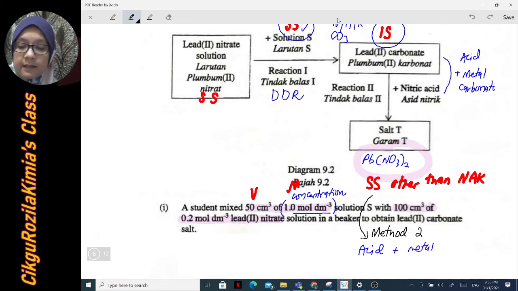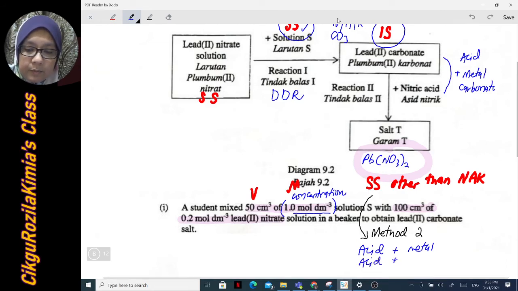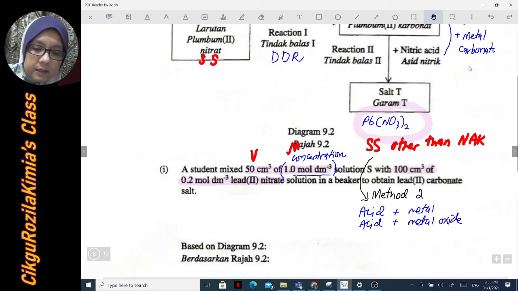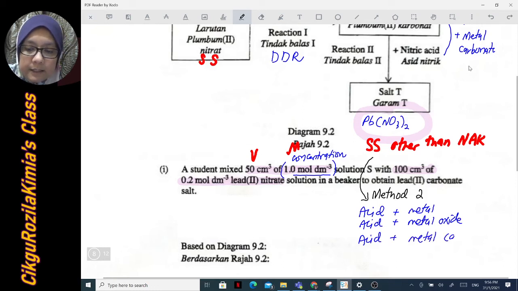Okay, if less reactive, cannot. Acid plus metal oxide. And another one is acid plus metal carbonate. So, this is the one we want, because the reaction here is lead carbonate reacting with nitric acid.